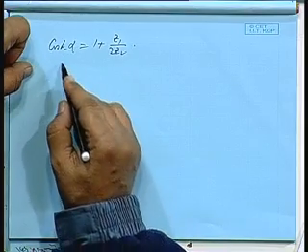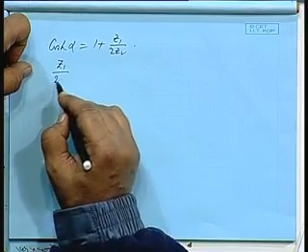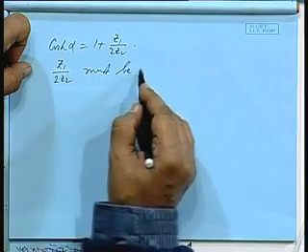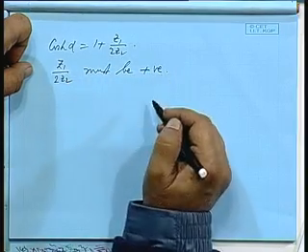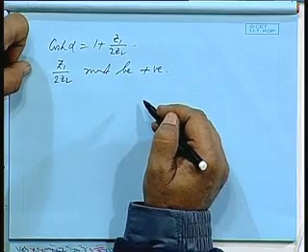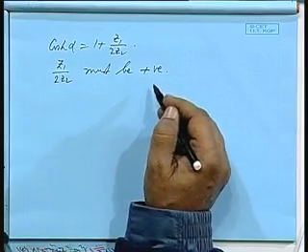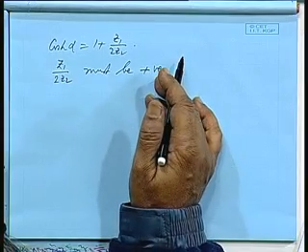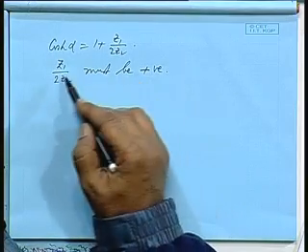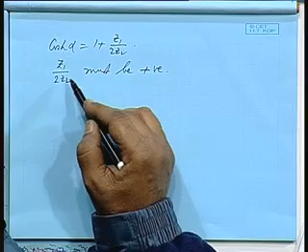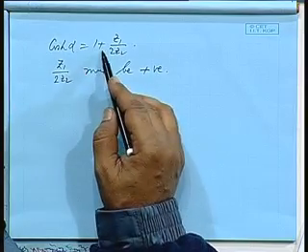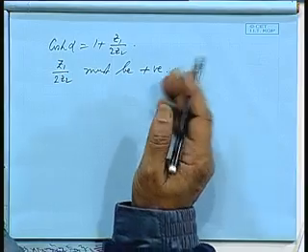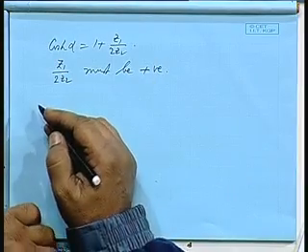So, Z 1 by twice Z 2 must be positive, which means Z 1 and Z 2 are of the same type. If they are of the same type of reactances, then there will be definitely some value of alpha other than 0, that means there will be attenuation. Okay.